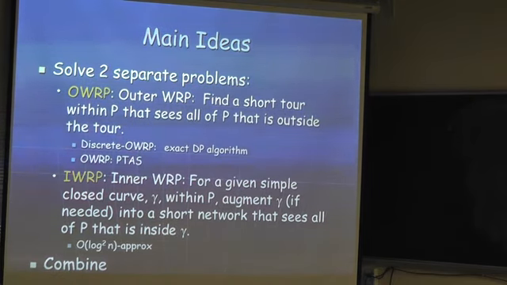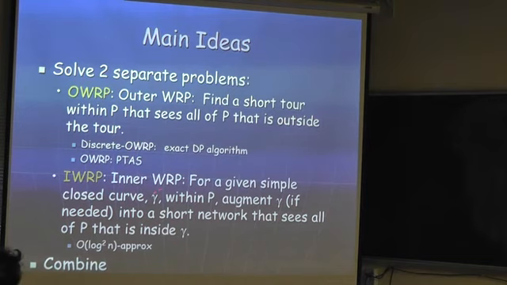Now, once I find one of those, I'm going to use that cycle as a base and solve this other problem. The inner Watchman route problem says, given a simple closed curve gamma within the domain, augment it with a minimum measure network that allows you to see all of the points that are inside of it.